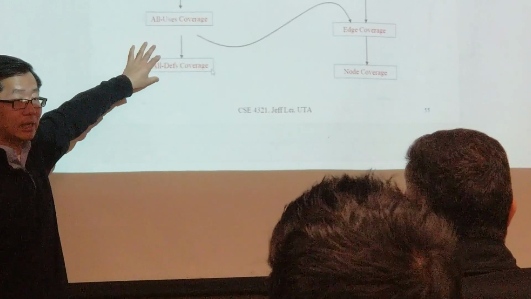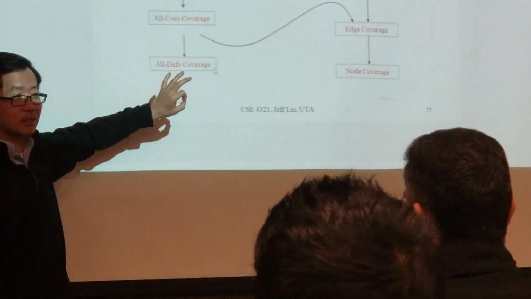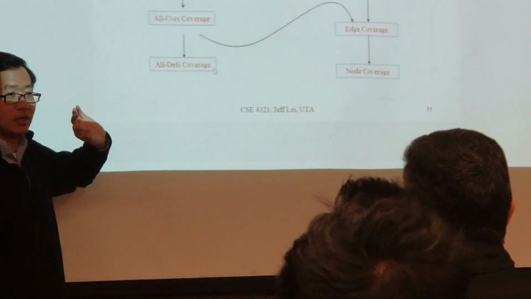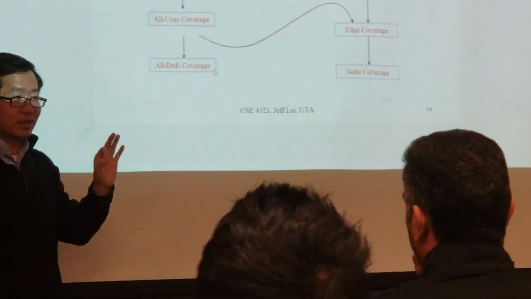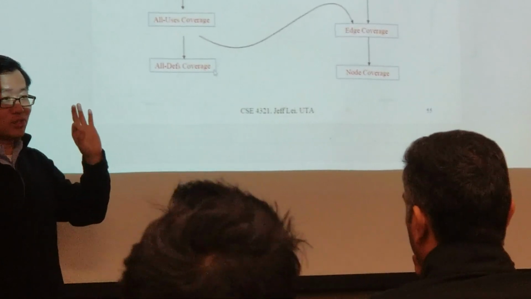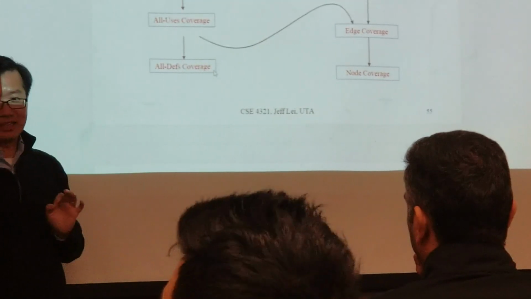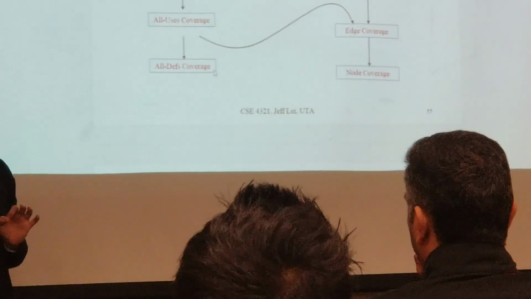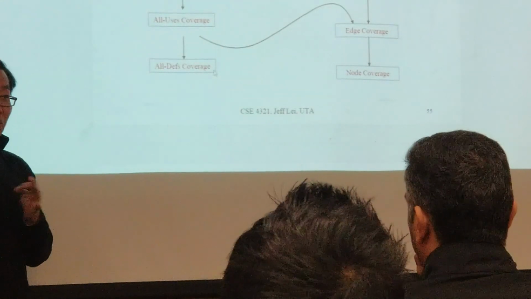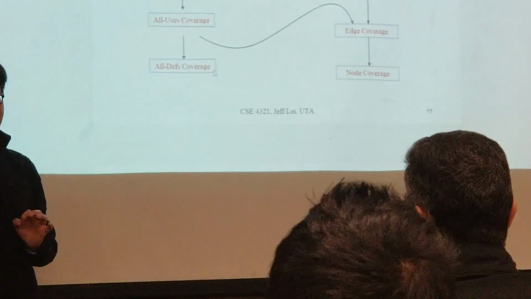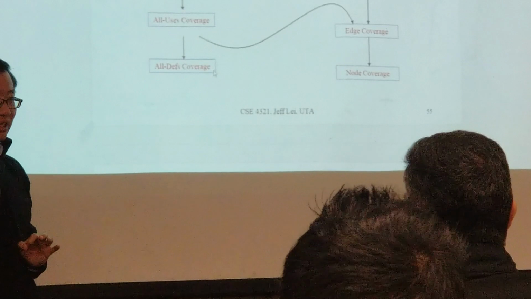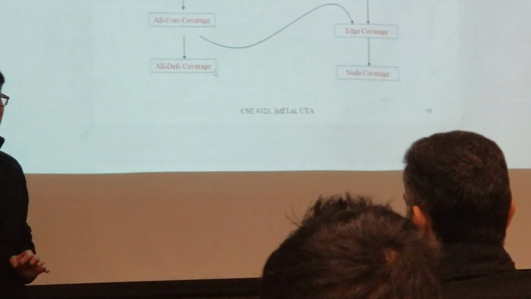Again, when I say one coverage is stronger than another coverage, it does not mean, okay, the stronger coverage will detect all the bugs that the weaker coverage can detect. It only says any test set that satisfies the stronger coverage also satisfies the weaker coverage.